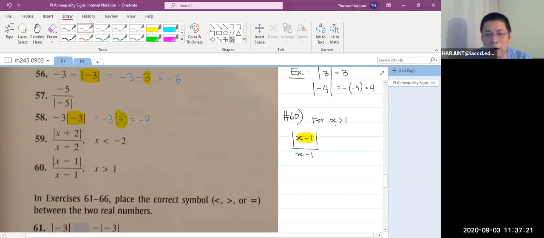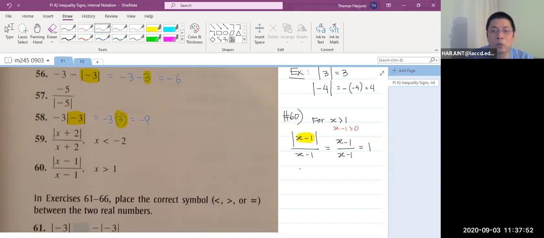If x is greater than 1, what will x minus 1 be? Subtract 1 from both sides, x minus 1 is greater than 0, which is positive, right? Because x minus 1 is positive, I can get rid of the absolute value sign. And we also see x minus 1 is not 0, so I can simplify them. This is equal to 1.